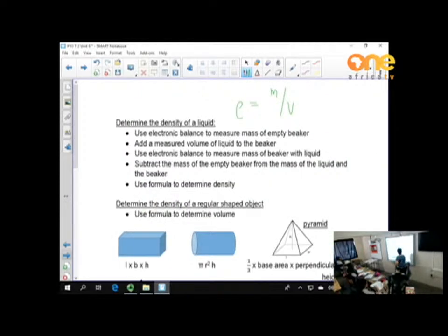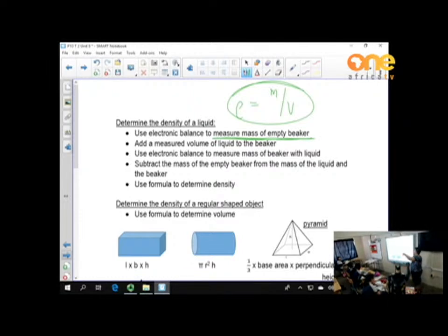So, when we want to work out the density of a liquid, the formula is still mass divided by volume. But how will we determine the mass of the liquid? Because I can't pour it onto the balance. It's going to run all over the place. So, we have to first measure the mass of an empty container.